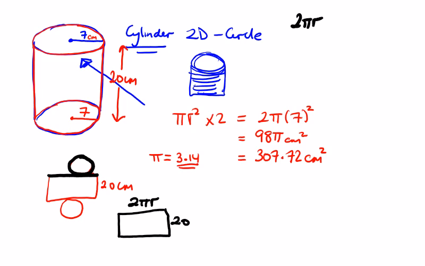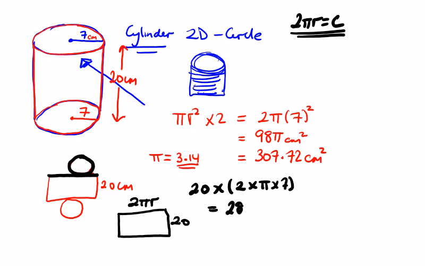Remember, 2 pi r is equal to C. So 20 by 2 by pi by 7 is going to give me 280 pi, which is equal to 879.2 cm squared. So the total area, we just add these two together.